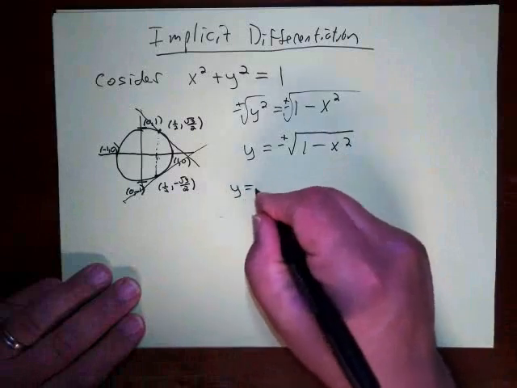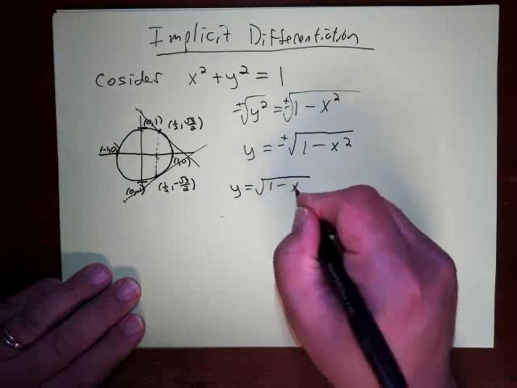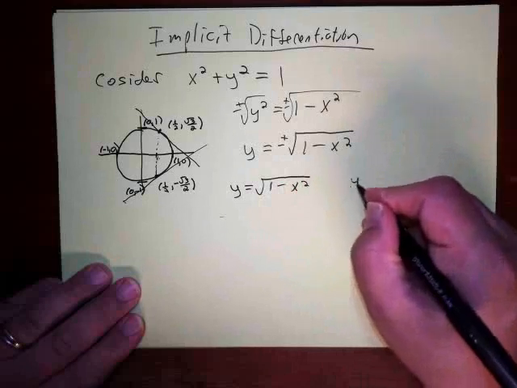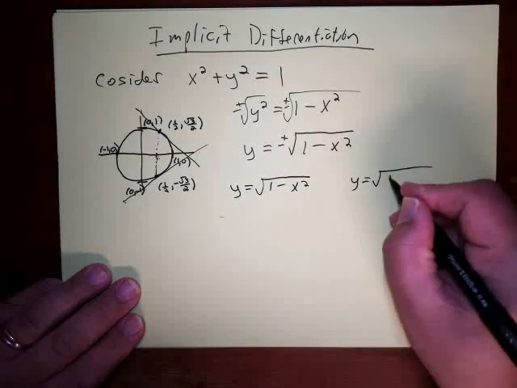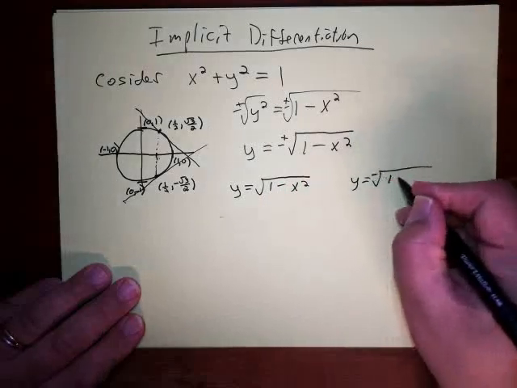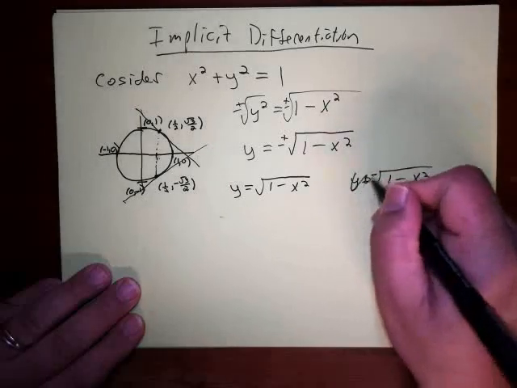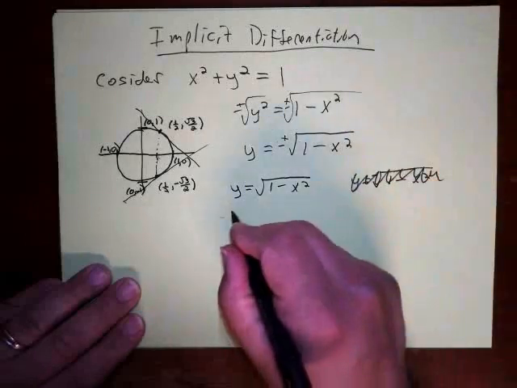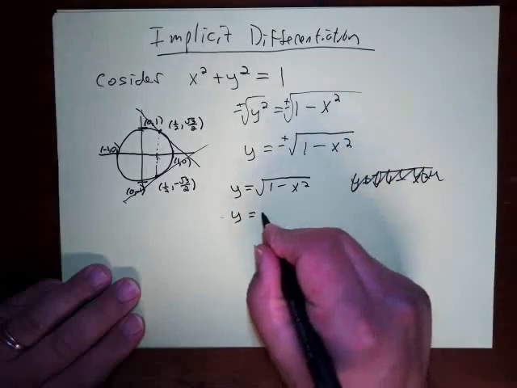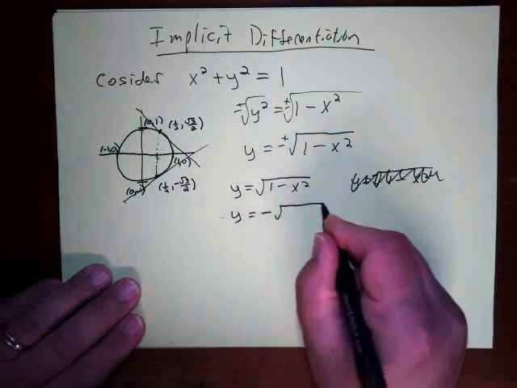So you have y is equal to the square root of 1 minus x squared, and y is equal to the opposite of the square root of 1 minus x squared. Okay, I'm going to erase this, and I'm going to just write them like this because I want to make it more clear.